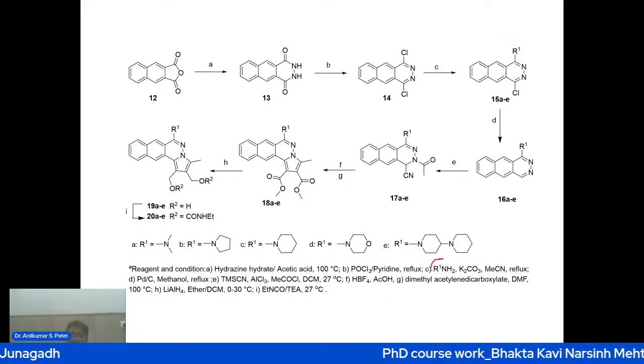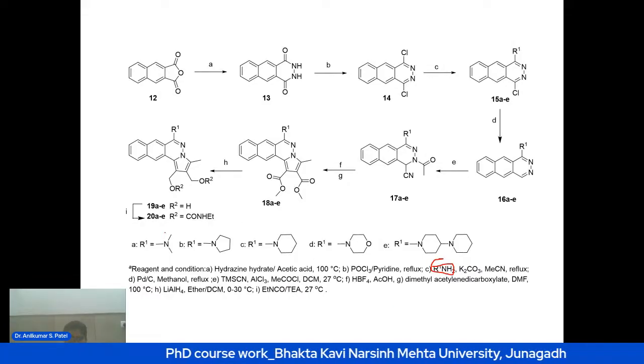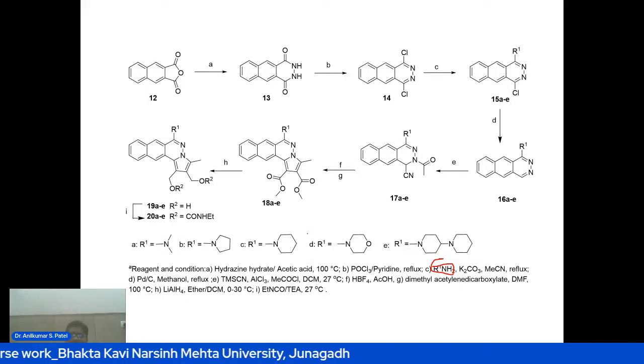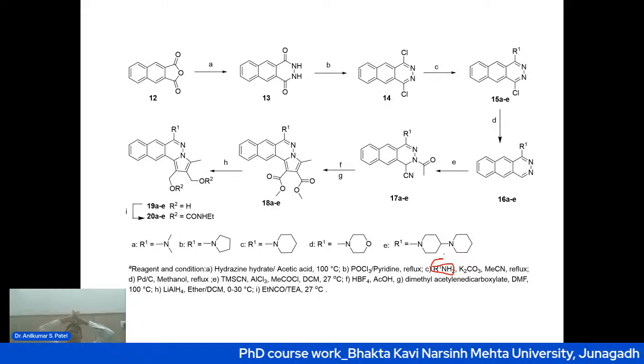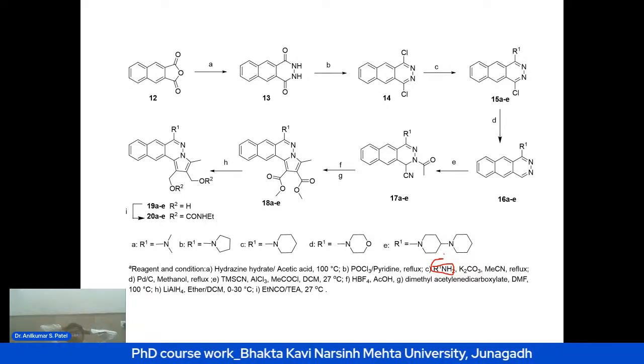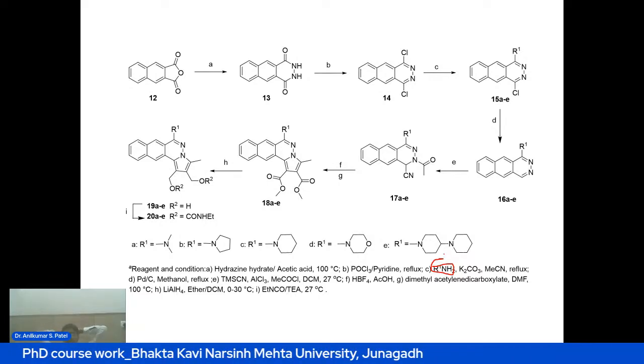We have taken secondary amines: dimethylamine, pyrrolidine, piperidine, morpholine, as well as bipyridine. We have taken bipyridine as a reference from our earlier paper, where the bipyridine compound gave more potency.